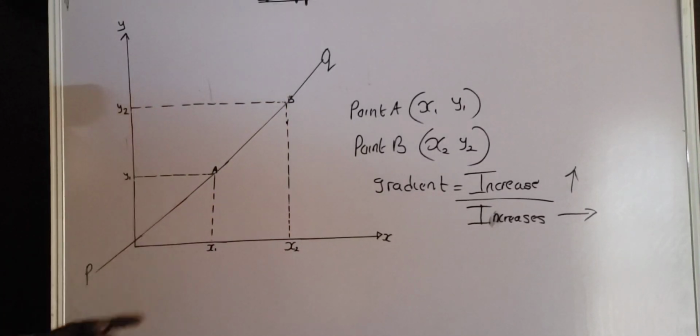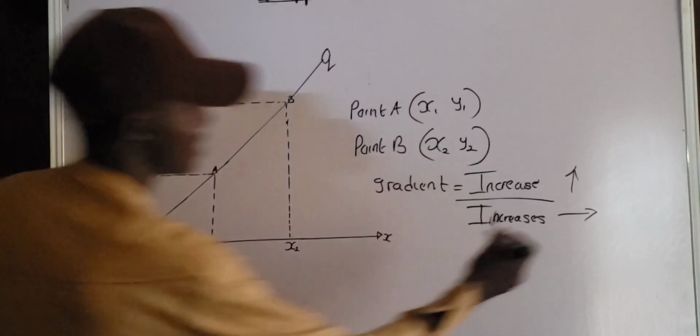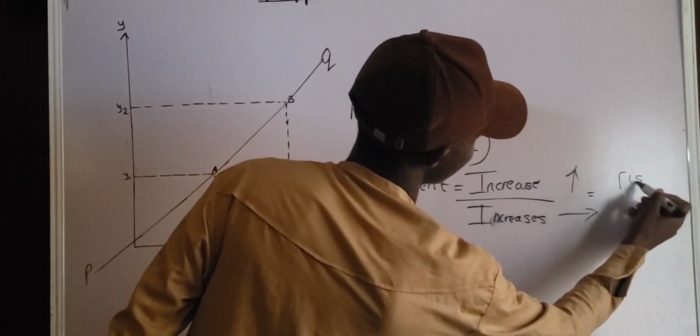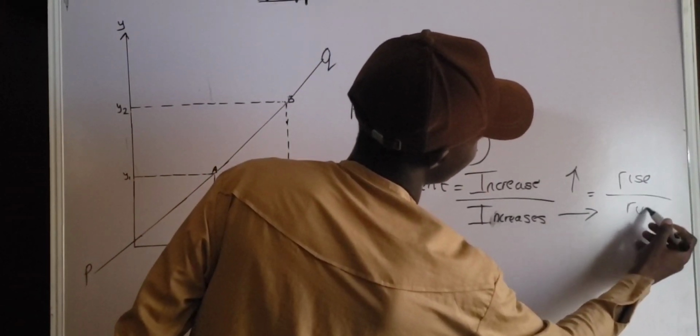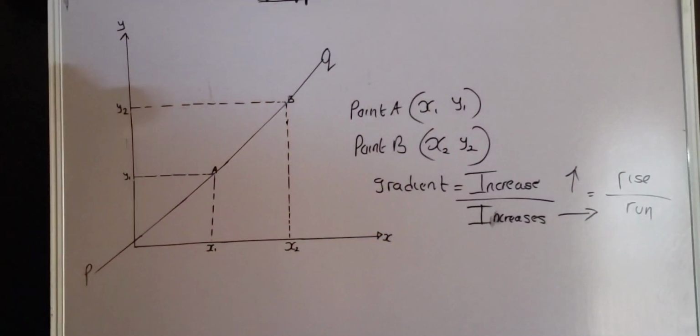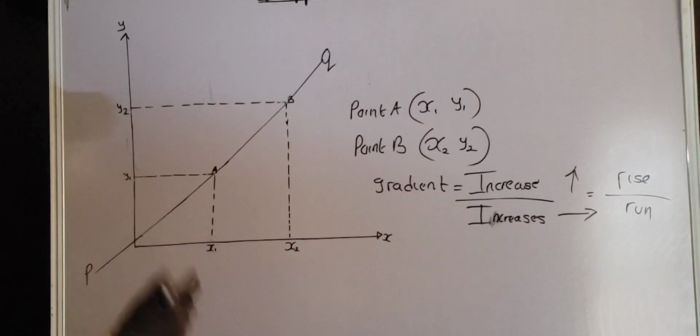And increase means the vertical distance. That is rise, all over run. So now when we are given 2 points, and we are told to calculate the gradient, we are going to use the formula.